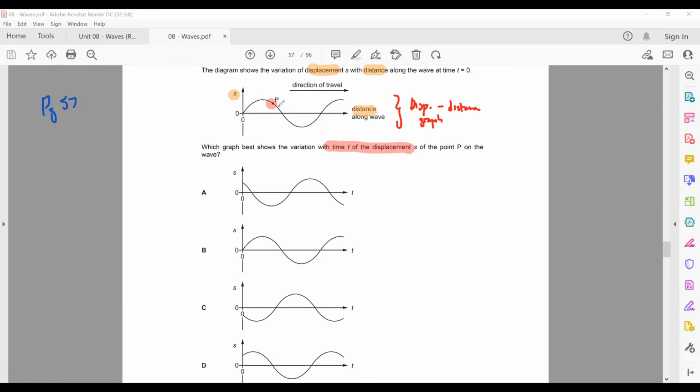Basically, what they're asking you right now is from this displacement distance graph, for this particle P here, plot the displacement time graph for this particle.